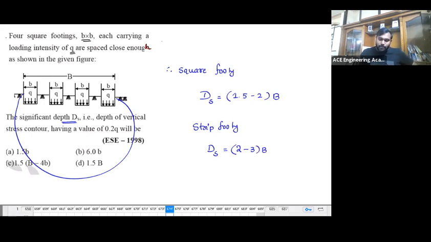So the answer is going to be 1.5 times capital B, not small b. As the footings are closely spaced, we have to take the total width as capital B. That's it.